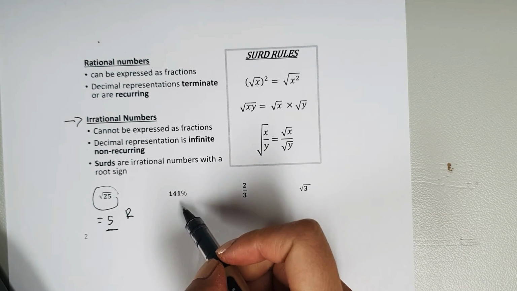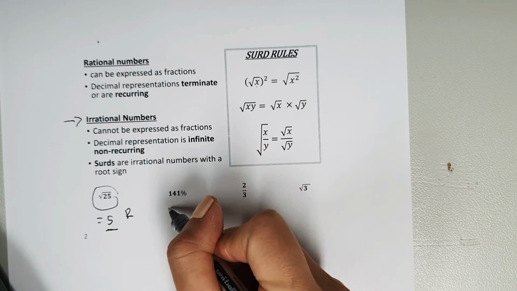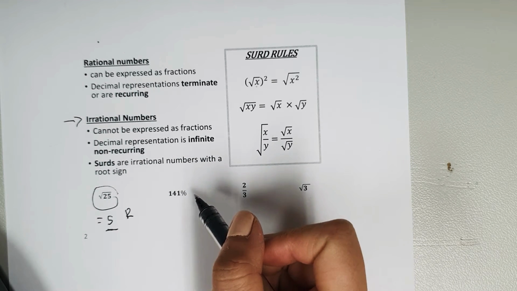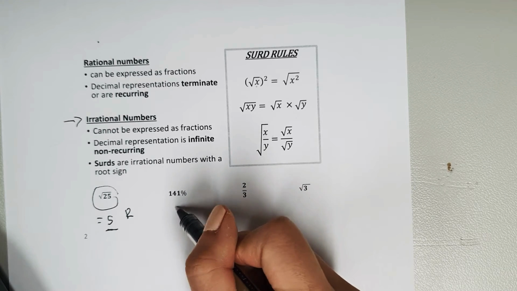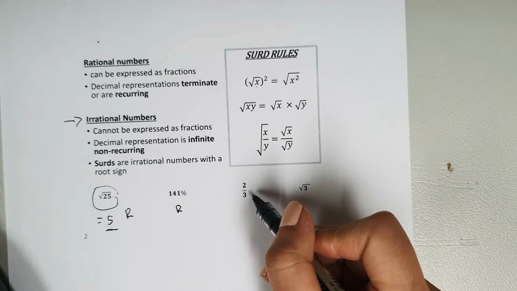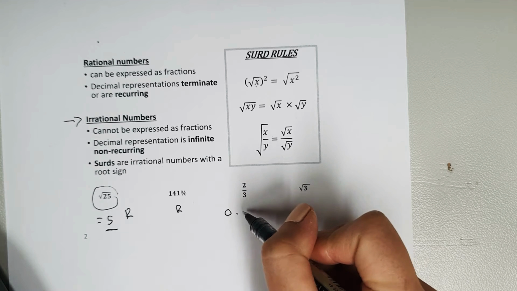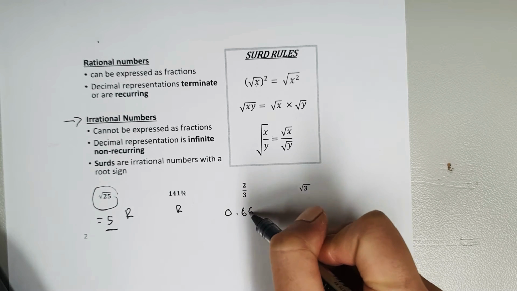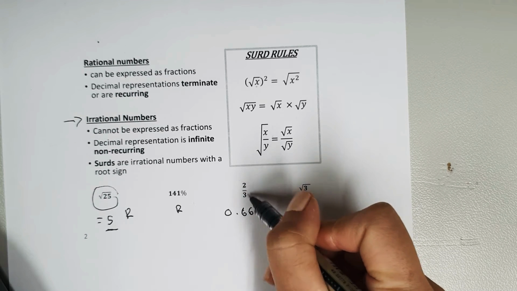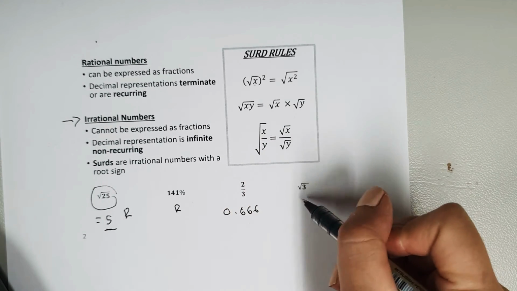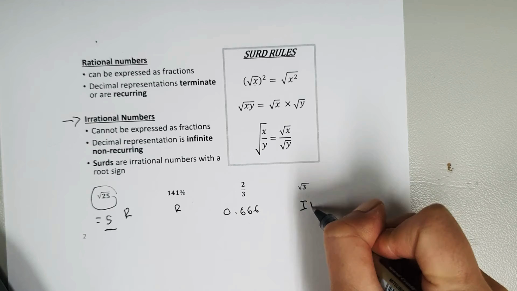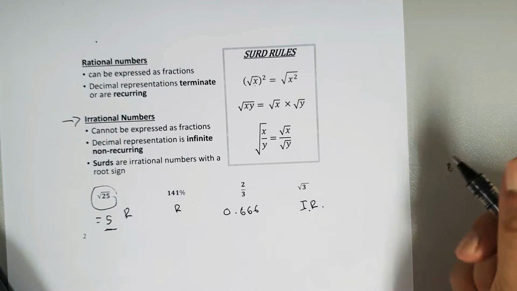Over here, 141%, well, we can write 141% as a fraction and as a decimal with no problems, and it terminates, so this is also a rational number. 2 over 3, we can write as 0.66 recurring, and the fact that it can be written as a fraction means that it is a rational number, but the square root of 3 is not, it's irrational.